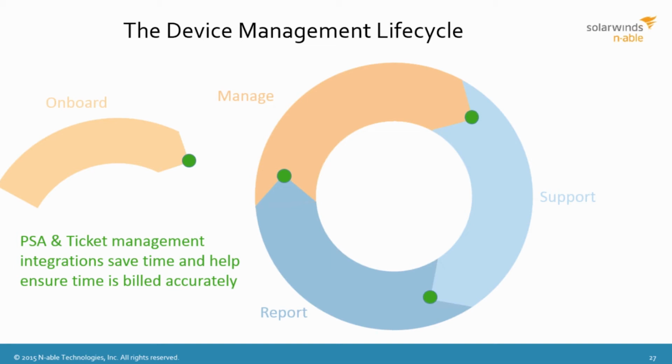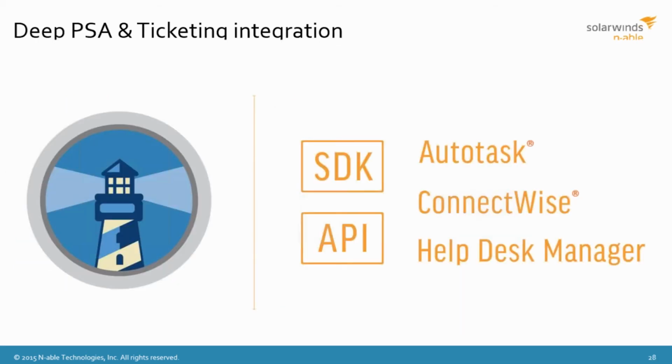So PSA is a big part of that, and this is why you're going to see PSA being involved from end to end. This is our deepest PSA integration yet, both from reviewing past tickets to logging and updating tickets with troubleshooting steps to billing profiles. We've really made sure that PSA and ticketing is involved in the workflow from end to end.